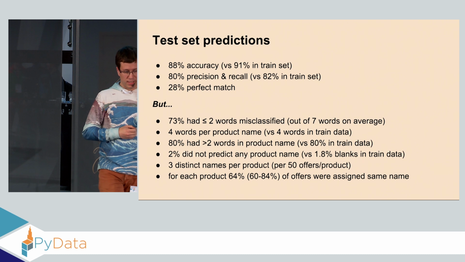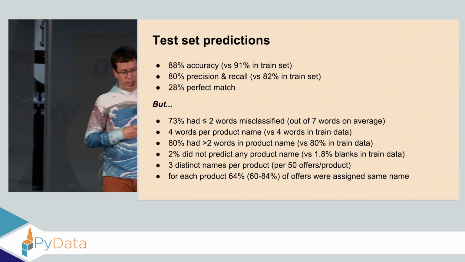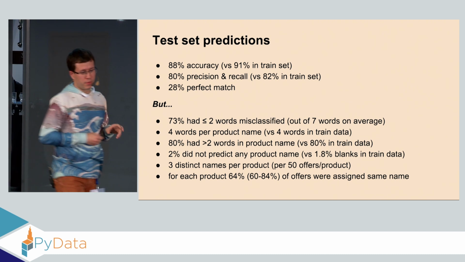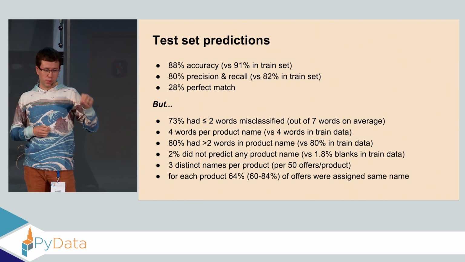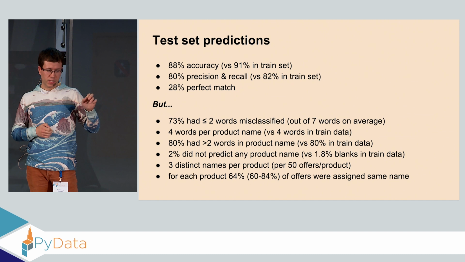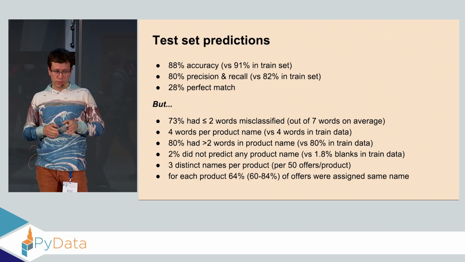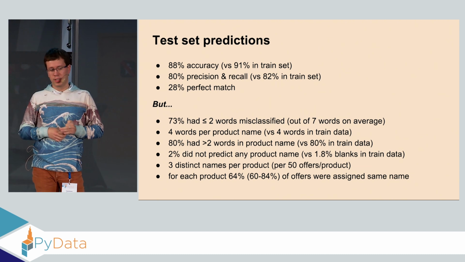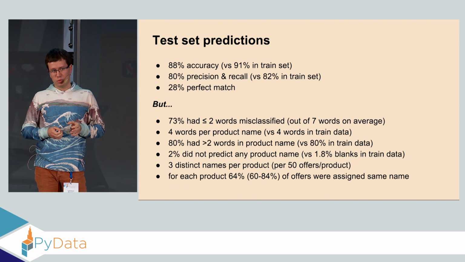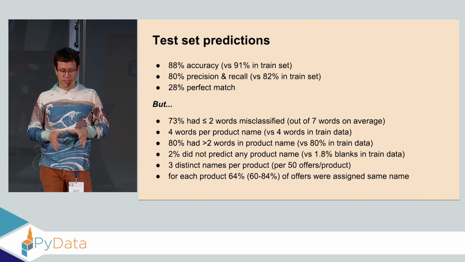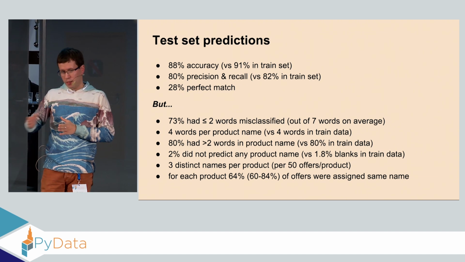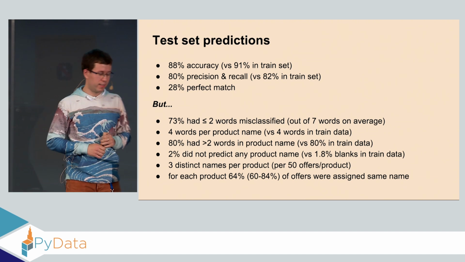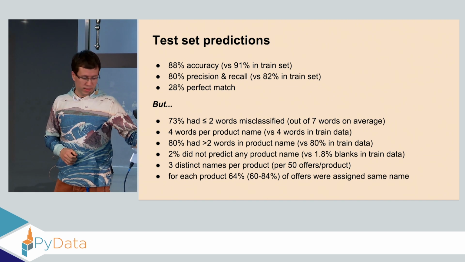So that's actually pretty good. And what's even better is that the top of those 3 names was predicted for, on average, 64% of offers. So in most cases, we get only a single name per product and some noise at the tail. So that's not bad, actually.